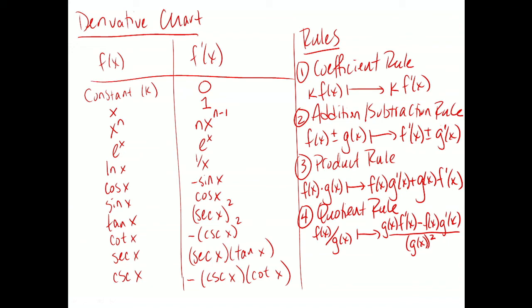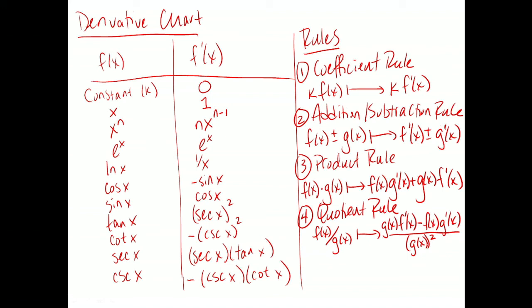But there it is. So we've got now almost the complete story. We've got what happens if you have a coefficient, so a number in front. What happens if you've got the addition or subtraction of two or more functions? What happens if you want to multiply two functions? And what happens if you want to do the fraction or the division of two functions? Here's how you will handle all of these cases.